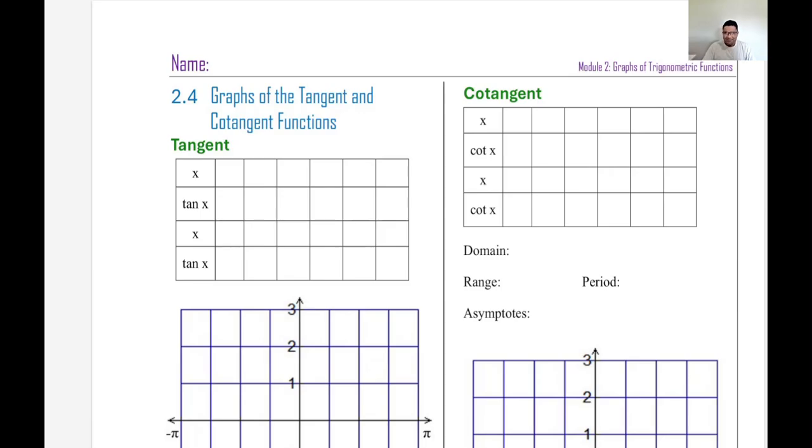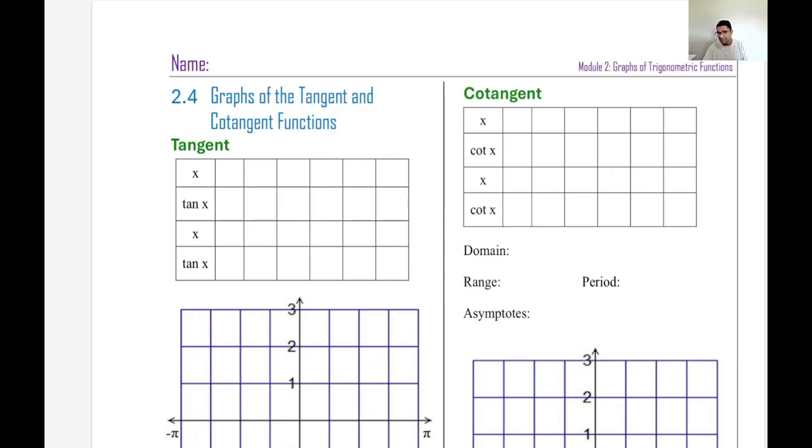We have been studying the graphs of trigonometric functions. In the previous lesson, we looked at secant and cosecant functions, and we noticed that the domain and range are not always either all real numbers or some finite interval, right?